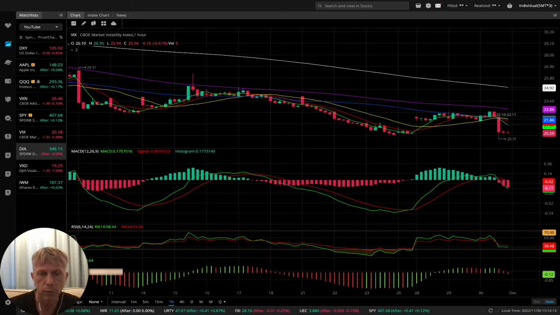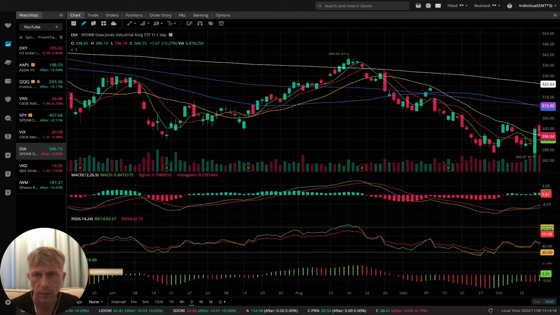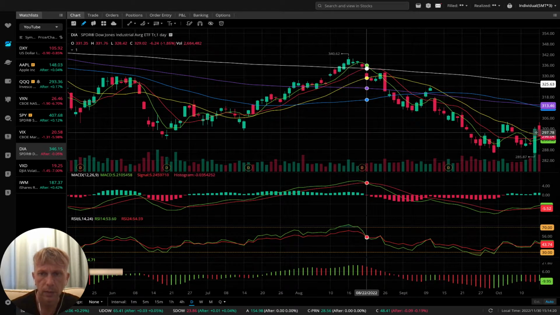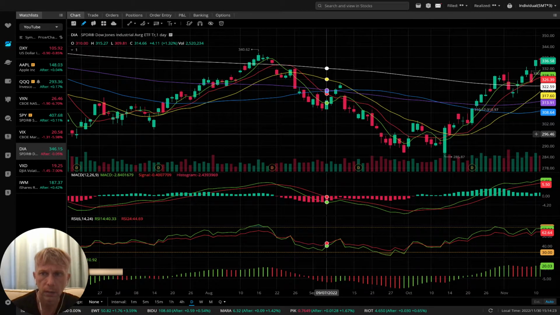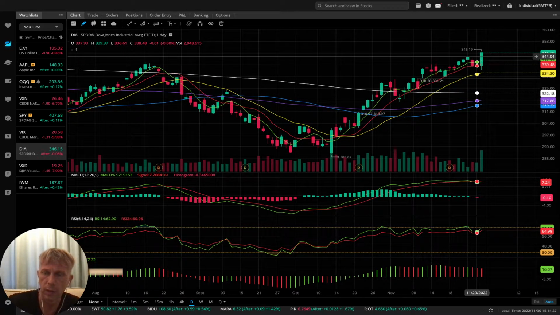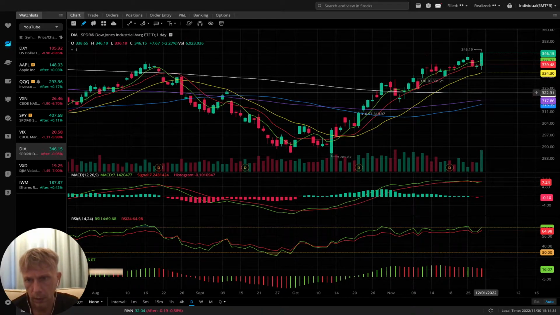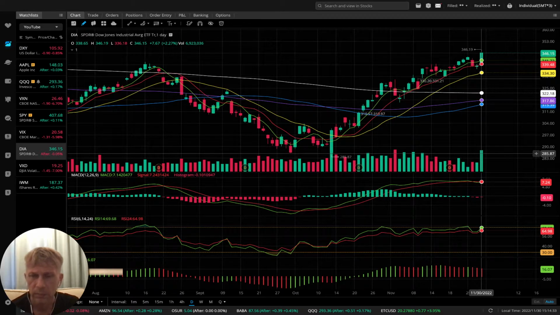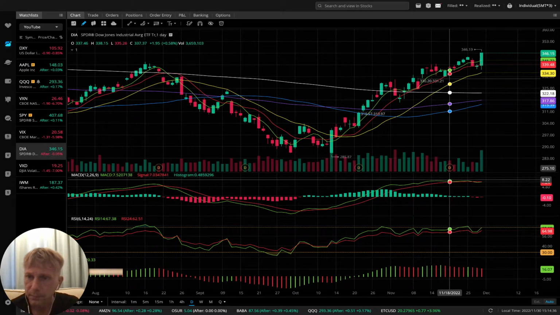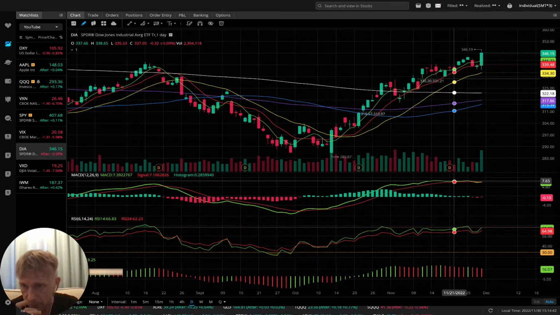Let's move to Dow Jones. Dow Jones, DIA. DIA, daily. Let's see what we have daily. DIA, green bar, green bullish day, strong volume, still in bearish MACD, still in a bearish position, still bearish signal.